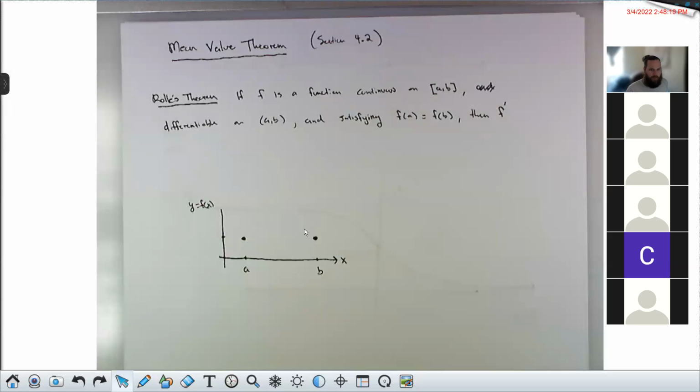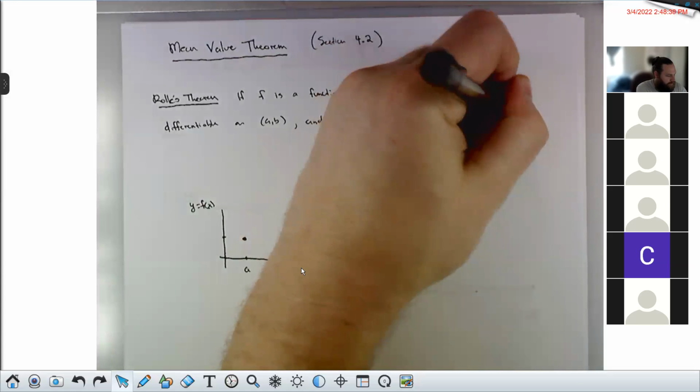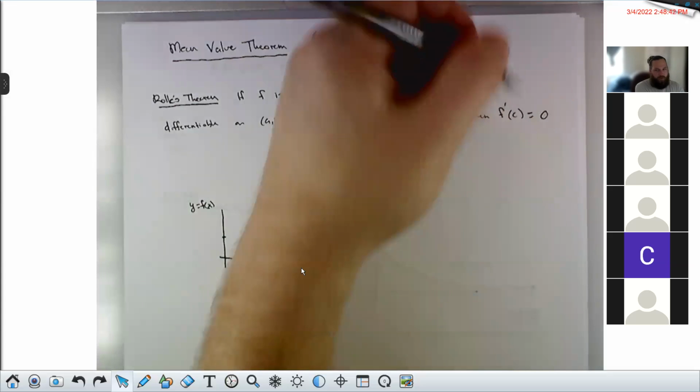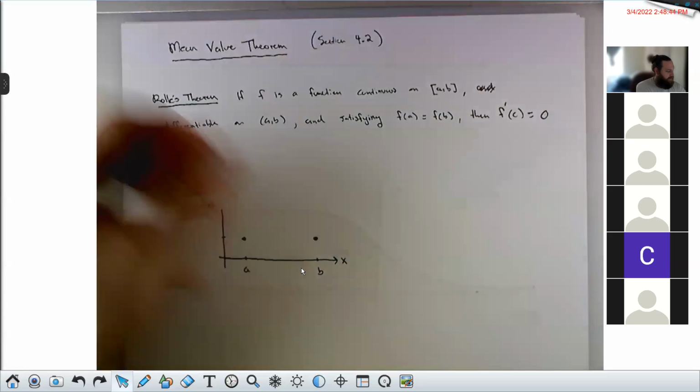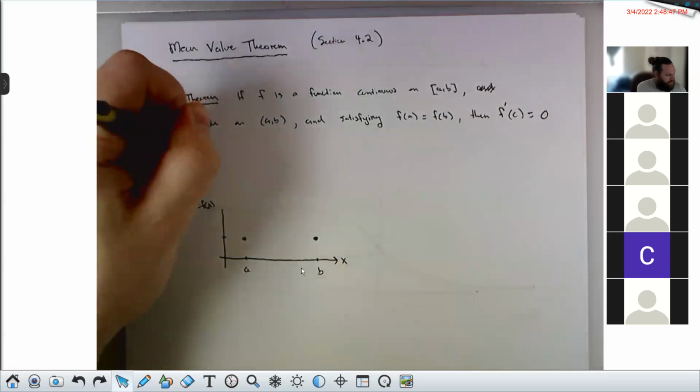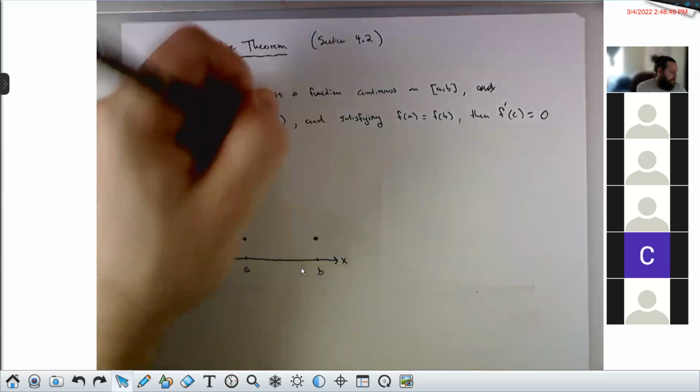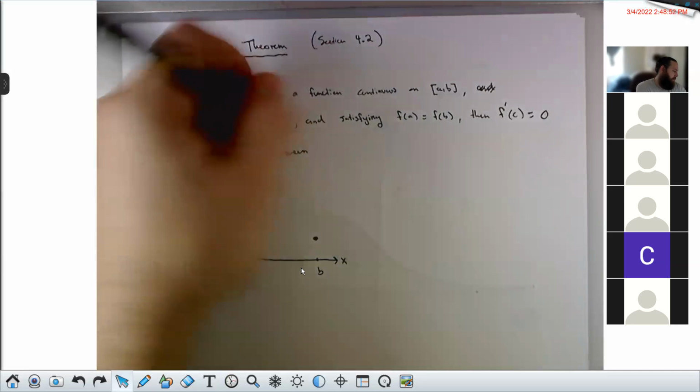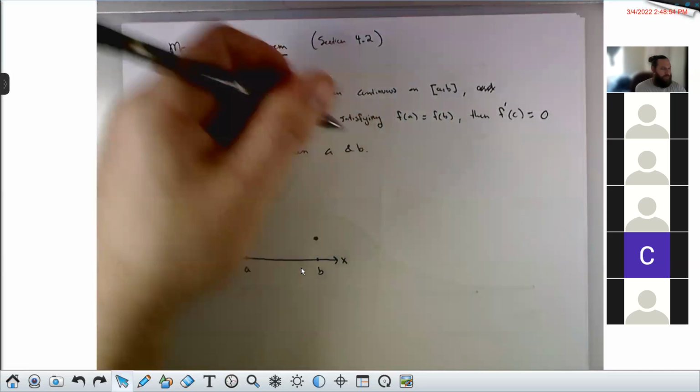They pass through 0, right? Almost. Something will pass through 0, but not the graph of f. So if f of a was down here and f of b was up here, then we would have to cross over the x-axis, meaning f would be 0 at some point. But no matter how you try to avoid it, there must be a horizontal tangent line somewhere in there.